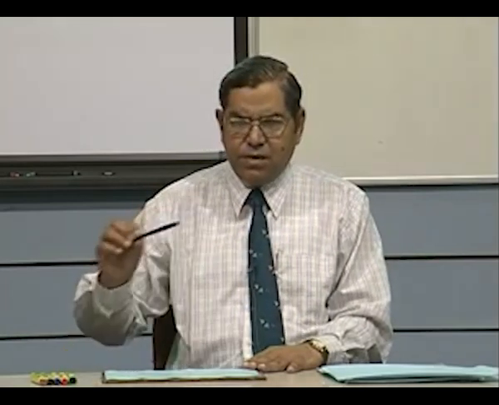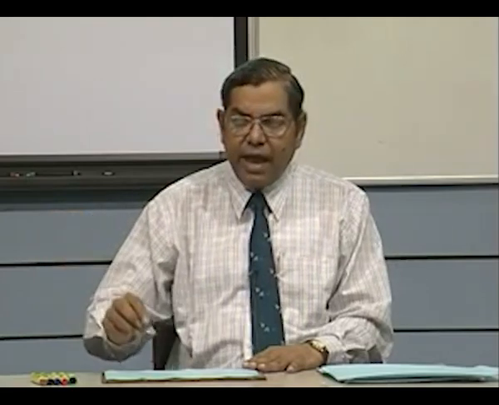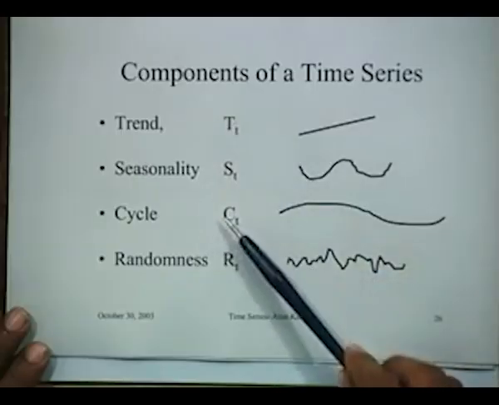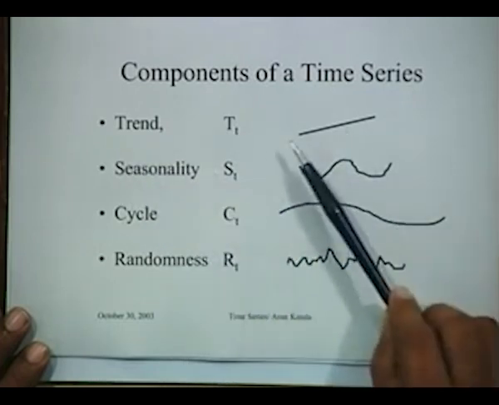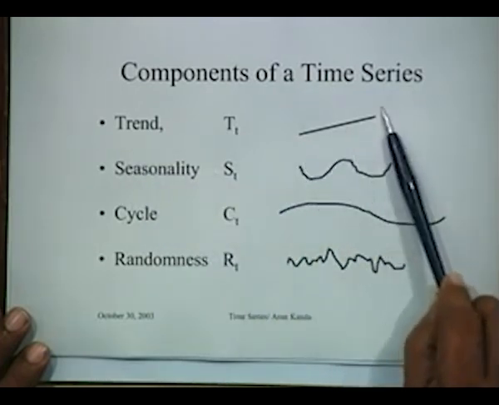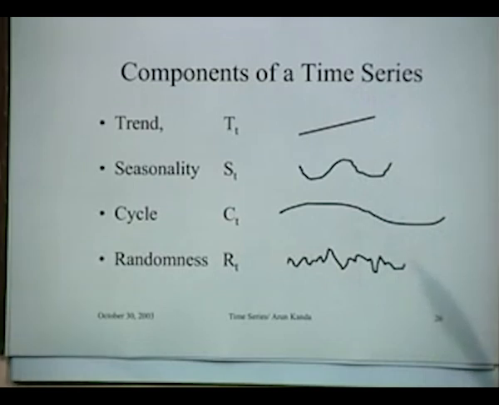So what is actually assumed in a time series decomposition method is that every time series that you encounter has these components. It has a trend. Okay, so what is a trend? Generally it is trying to go up or go down, so that's the trend component.